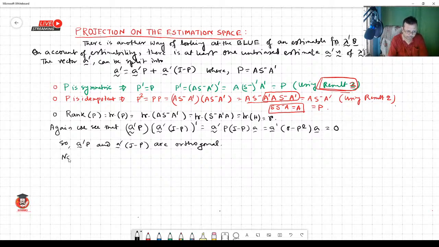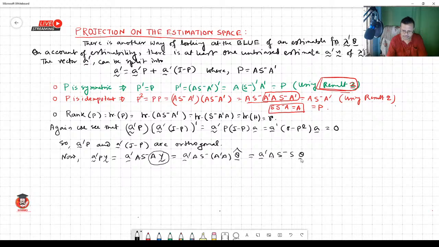Now A curl prime P y curl, this is equal to A curl prime A S G inverse A prime y curl, and from the normal equation we know this A prime y curl is nothing but A prime A theta curl hat, and this equal to S theta curl hat.